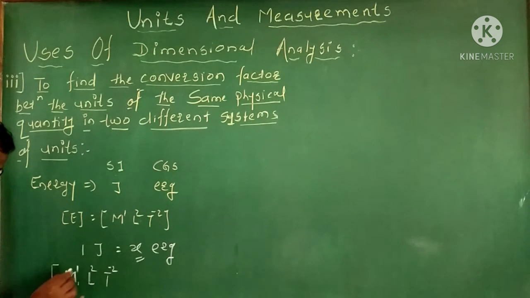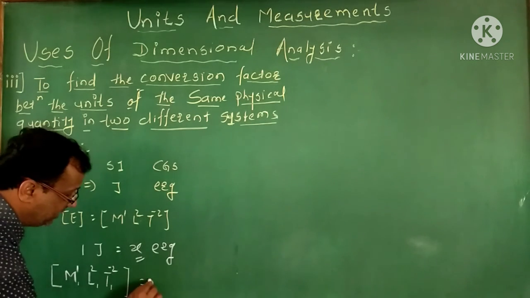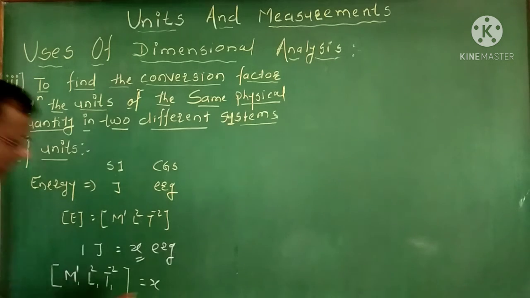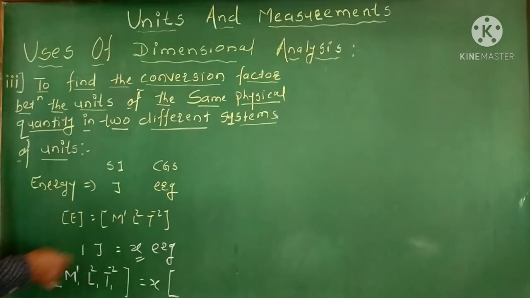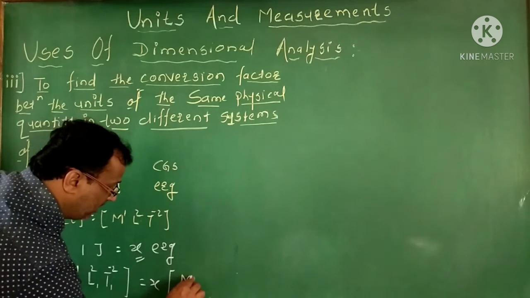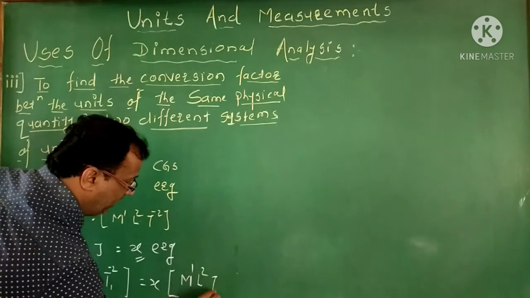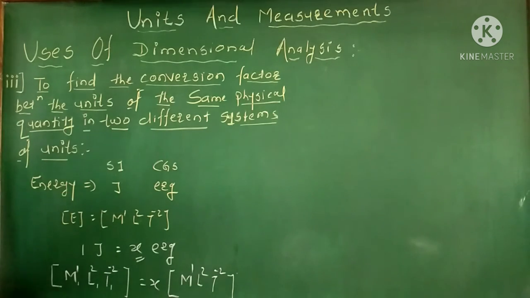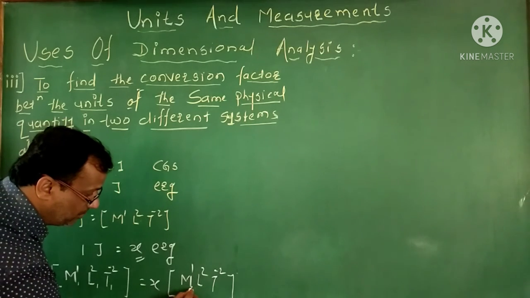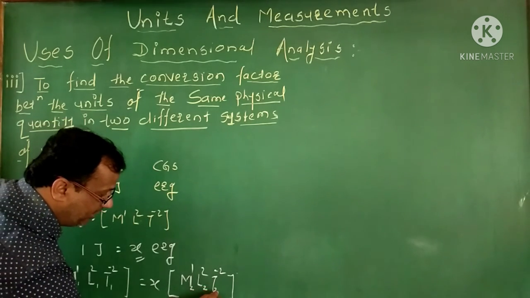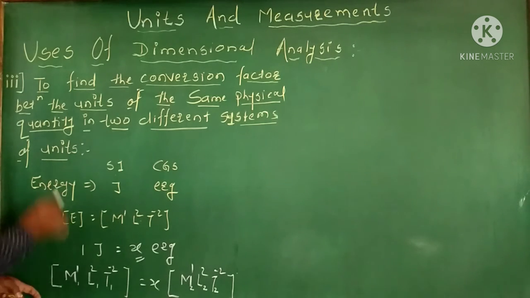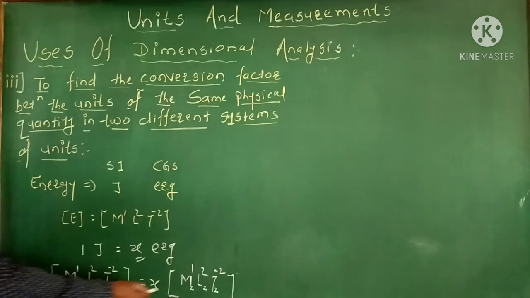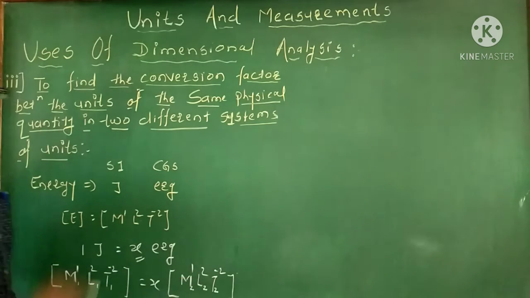For the CGS system we take the suffix 2. Again the dimension of erg is the same, M2, L2 and T2 with the same powers. So this is the dimension of energy in the SI system, and this is the dimension of energy in the CGS system.